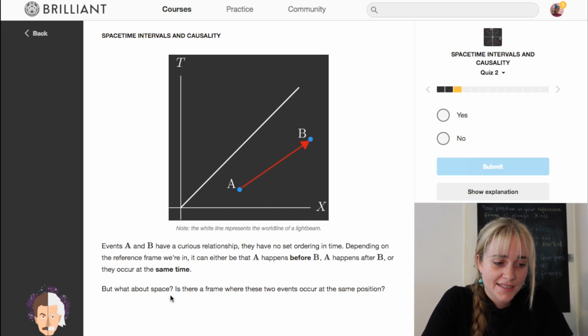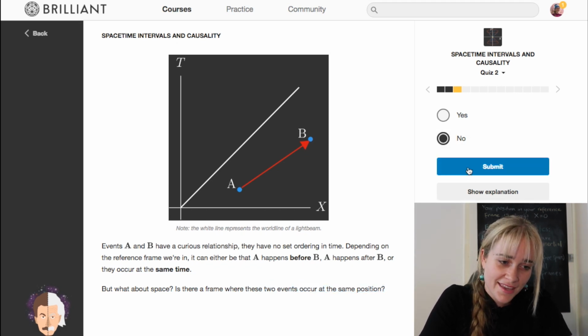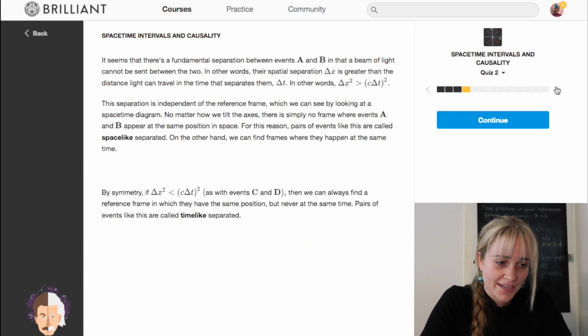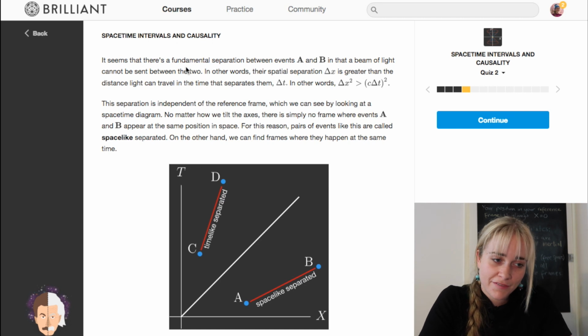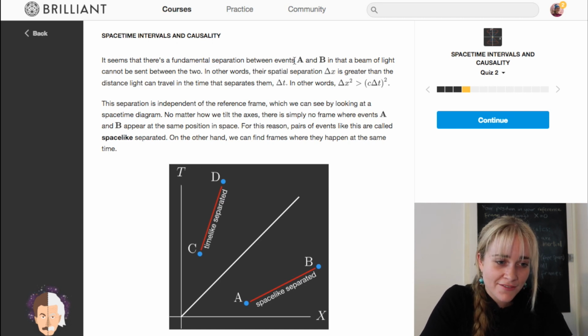So what about space? Is there a frame where these two events occur at the same position? I'm going to go with no here, and that's correct, so let's see why. There is a fundamental separation between the events A and B, in that a beam of light cannot be sent between the two.